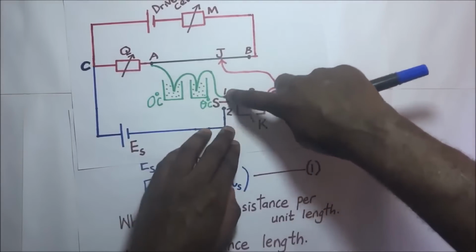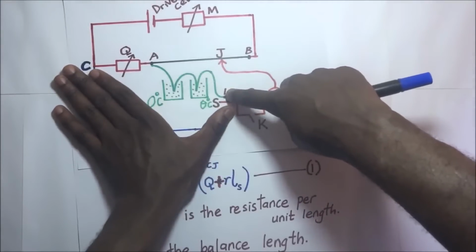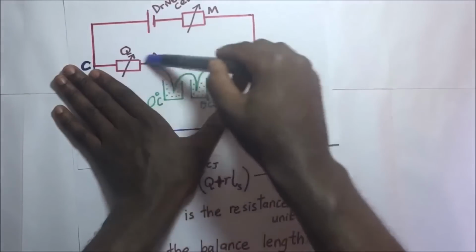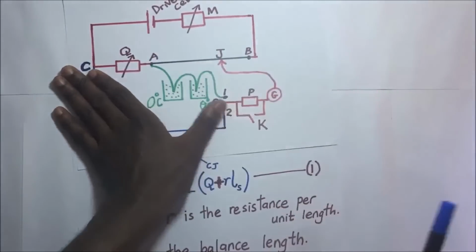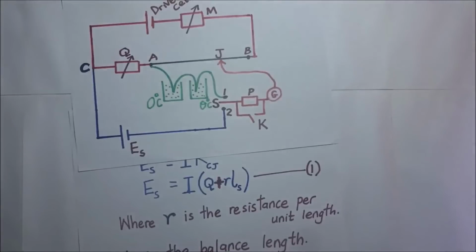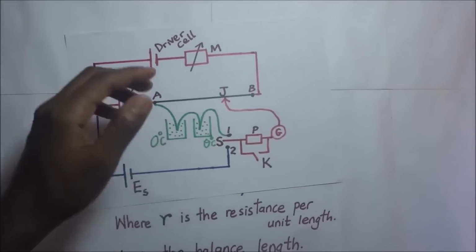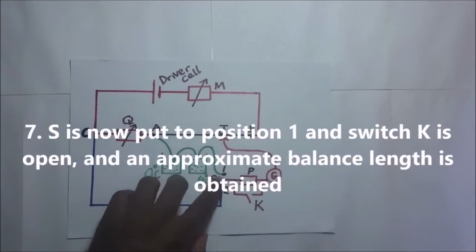So when we connect S to port 1, it means that we have killed this blue part out. And so what is functioning in the secondary circuit is this, then from A like that. So this is what is working. The EMF of the slide wire is now balanced against the thermometric EMF, and this is achieved by putting S into position 1.